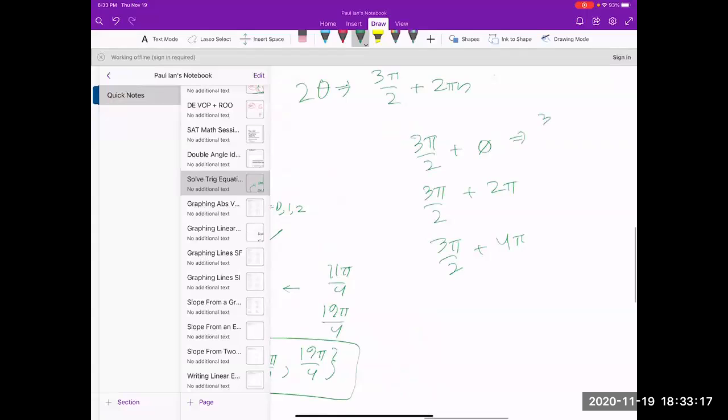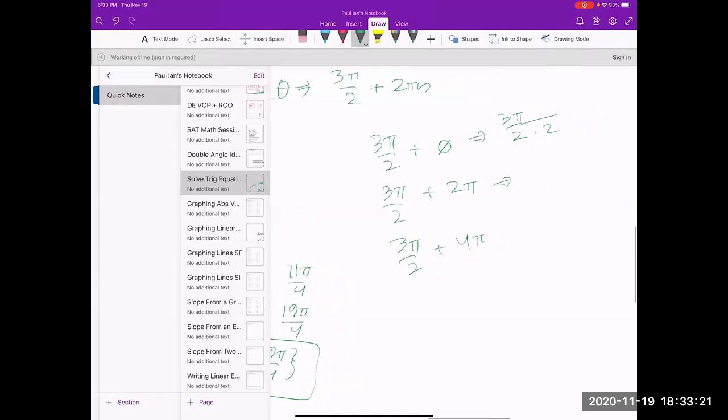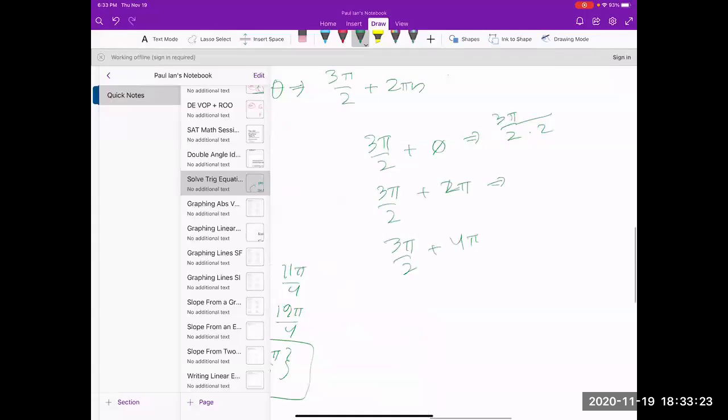So 3 pi over 2 times 2, this one is going to be 4 pi over 2, 7 pi over 2 times 2.